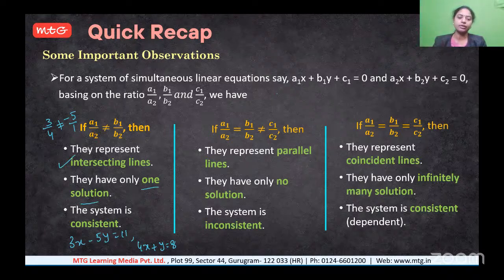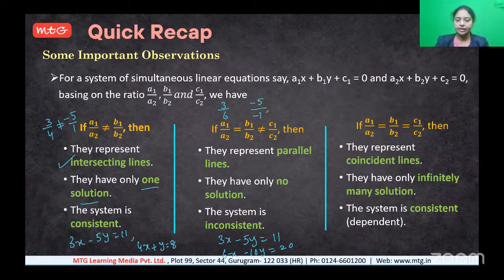Now we come to the second scenario. I'll show you an example for this also. Here you have equations like 3x minus 5y is equal to 11 and 6x minus 10y is equal to 20. Now let's see how the coefficient ratios are formed. We have 3 by 6 as the x coefficient ratio, minus 5 by minus 10 as the y coefficient ratio, and constant ratio 11 by 20.